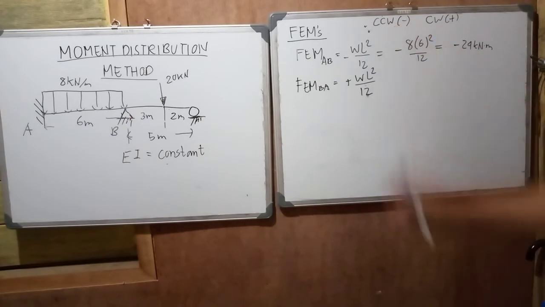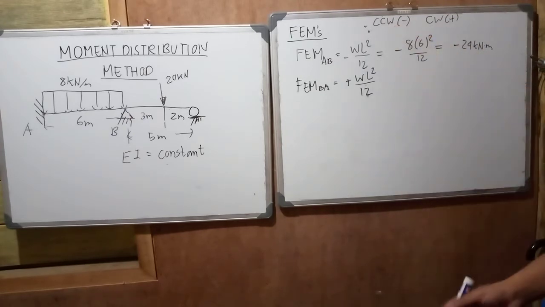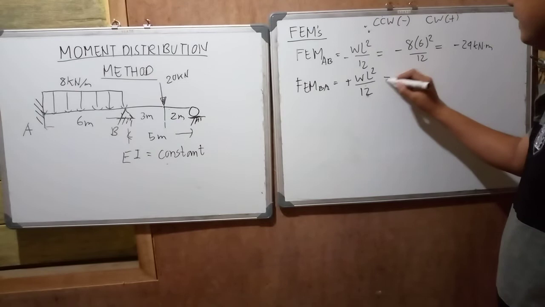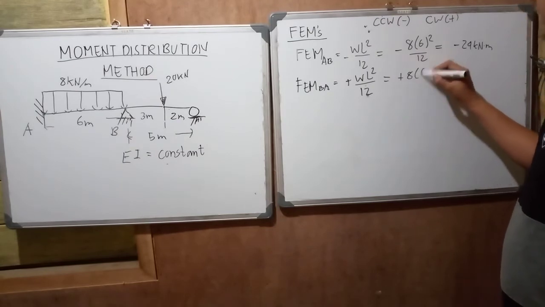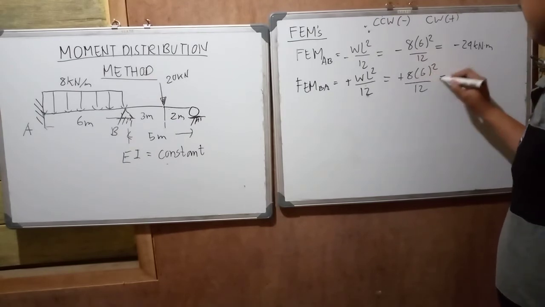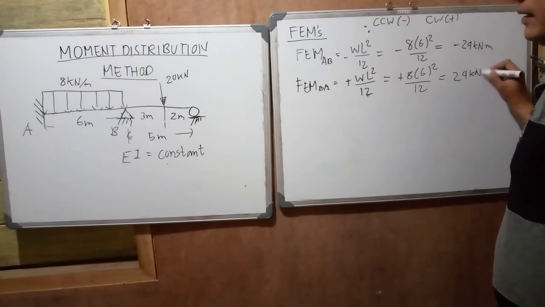That is our general assumption, the same as in the slope deflection method. So we have positive 8 times 6 squared over 12, which is 24 kilonewton meter.